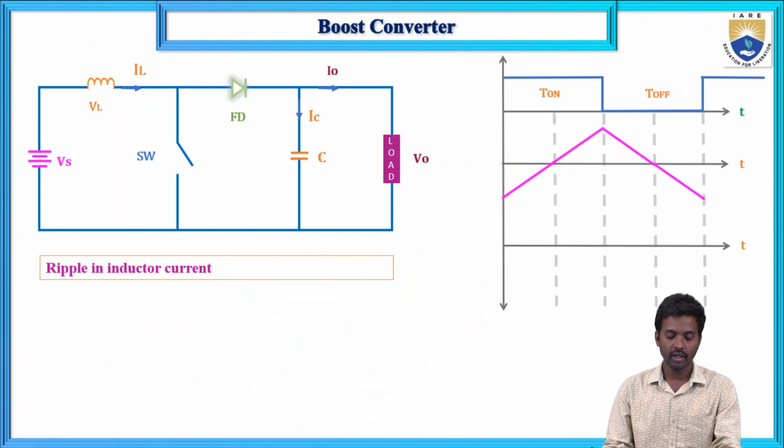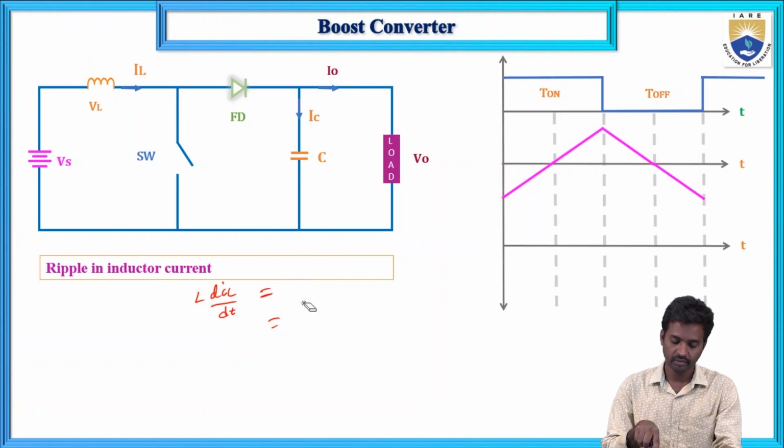Now ripple in the inductor. Ripple in the inductor means when the switch is on. So L dIL by dt equals V naught, and V naught means the inductor voltage when VL on, which equals Vs only, when the inductor is on.